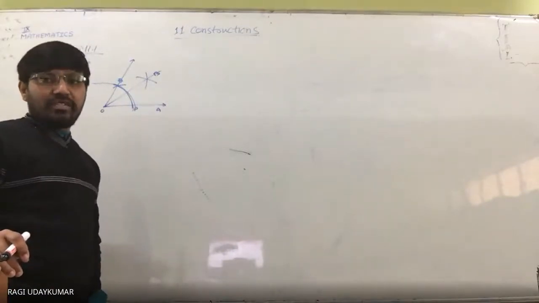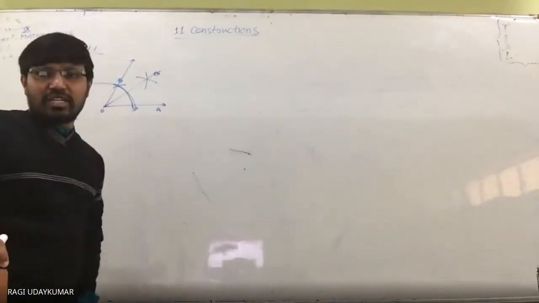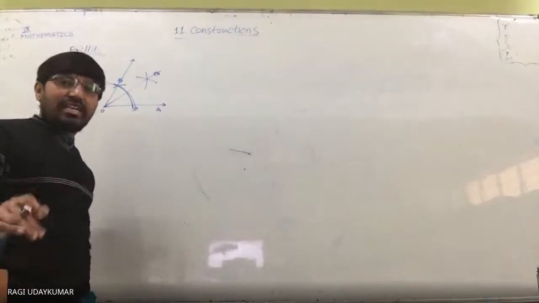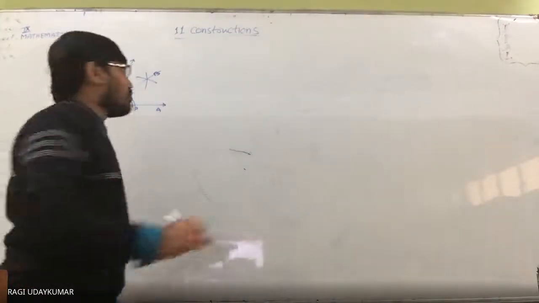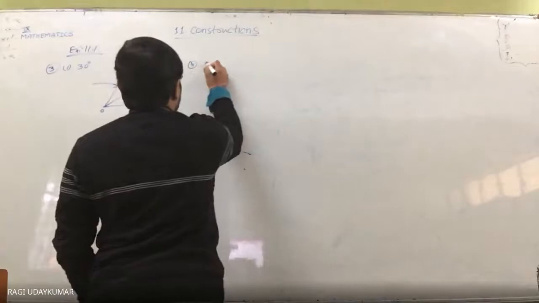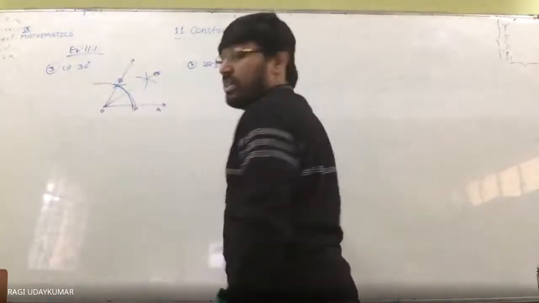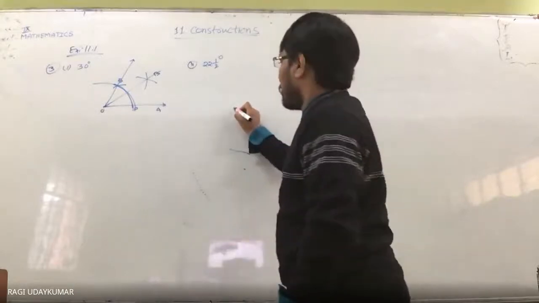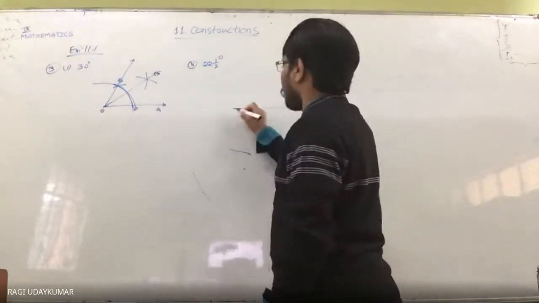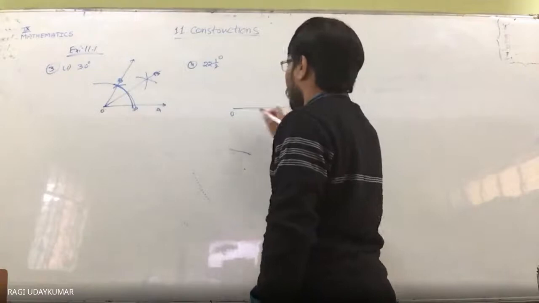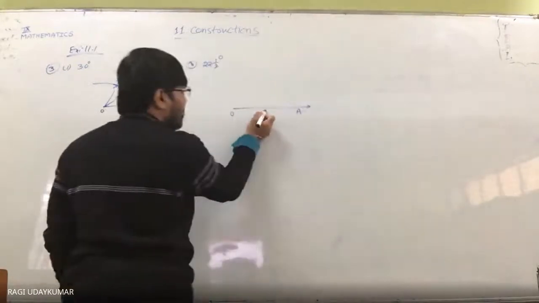Next question, 22 and a half degrees. Bisect 45 degrees. How did we construct 45 degrees? Like that only. Suppose you want to draw 22 and a half degrees, so let me give you the steps. See, first one ray. O as a center, one big arc.